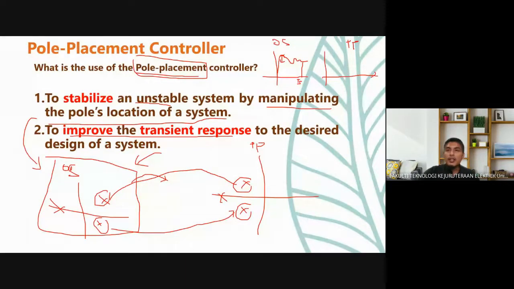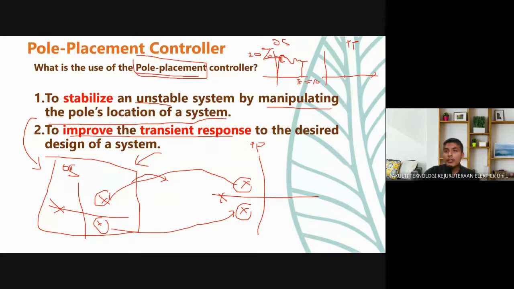Let's say the percentage overshoot of the original system without a controller is about 20%. However, you don't want 20% overshoot, you want 10% overshoot. So you can use the pole placement. Let's say the settling time is about 10 seconds, and you want to make it faster, reducing it to 5 seconds.